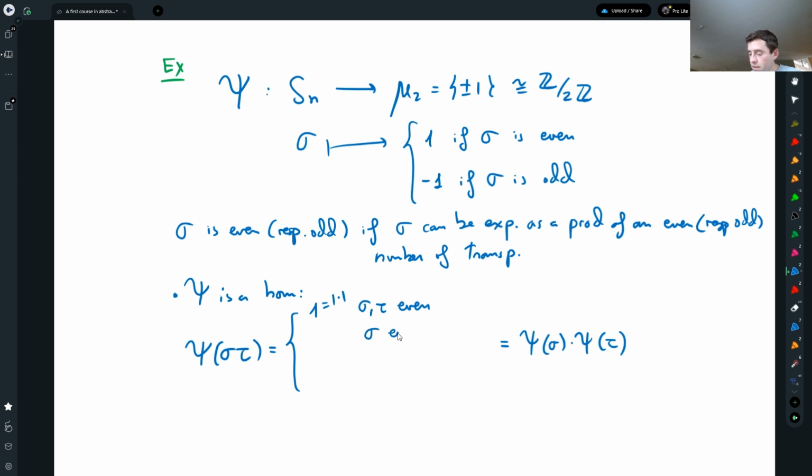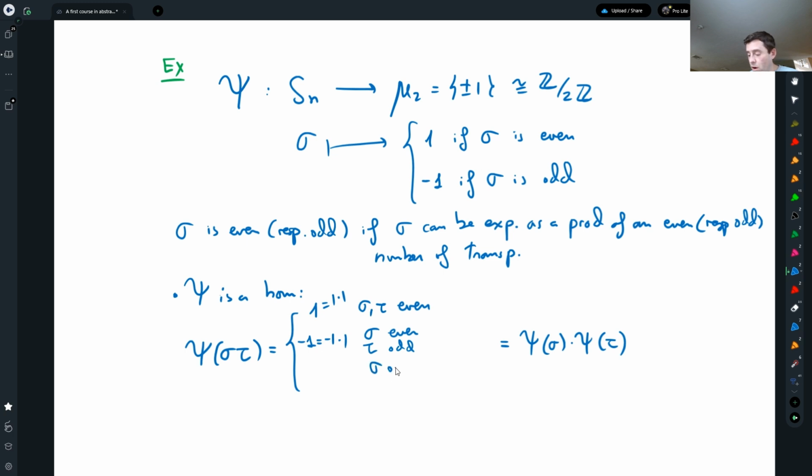If sigma is even and tau is odd, then I get a -1. I have an expression for sigma as an even number of transpositions, followed by an expression for tau as an odd number of transpositions. In total, I will get an odd number, that is -1 times 1. That is also psi of sigma times psi of tau.